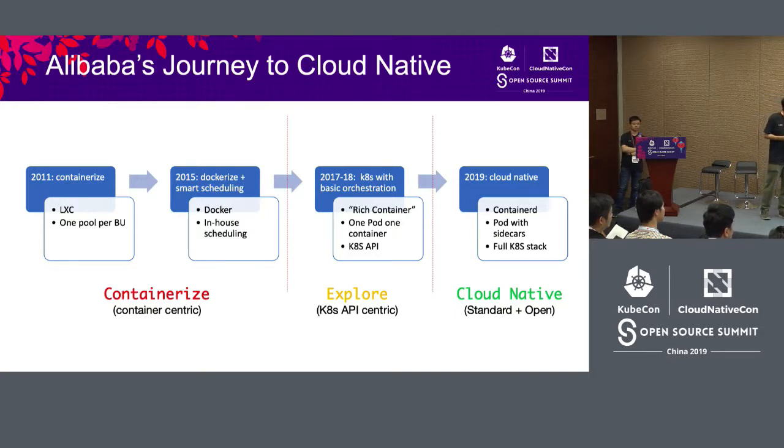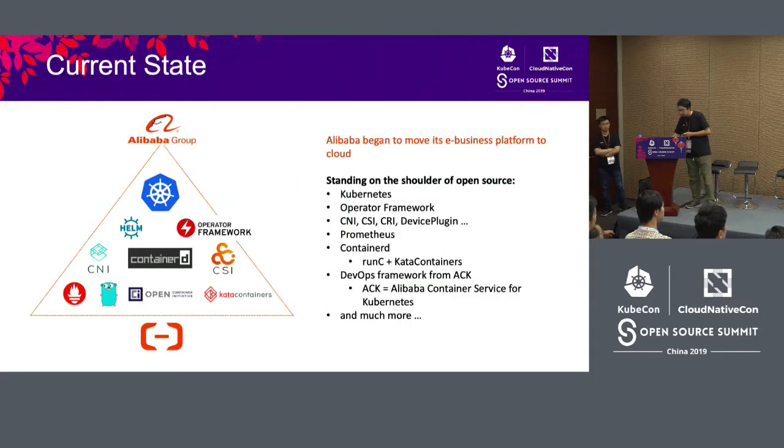That is actually our slogan for a cloud-native environment. We removed the concept of a single container, and now we support multiple containers in one pod. After all these reforms, Ali's cloud technology is based on Kubernetes.